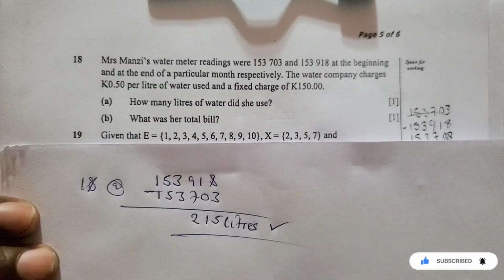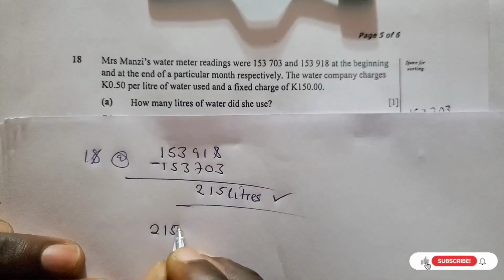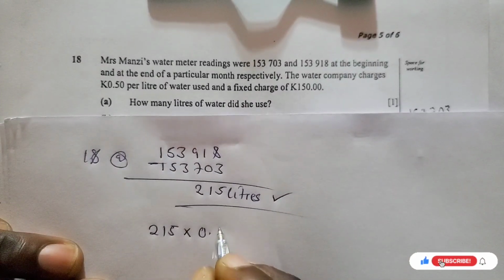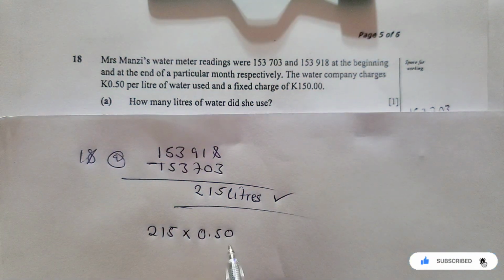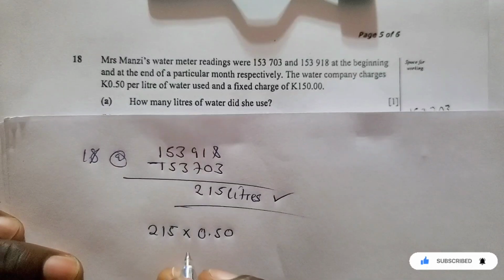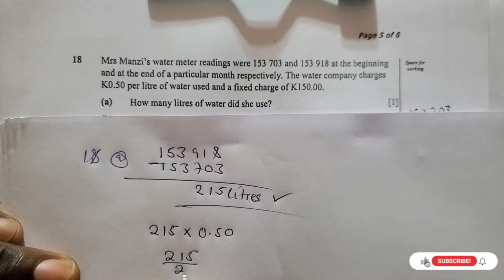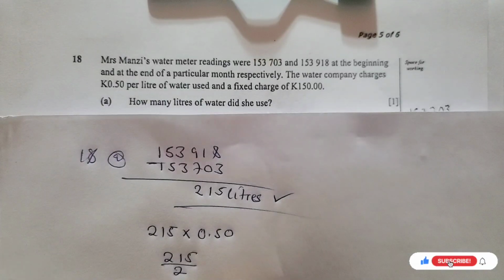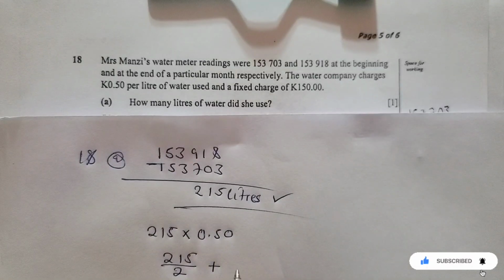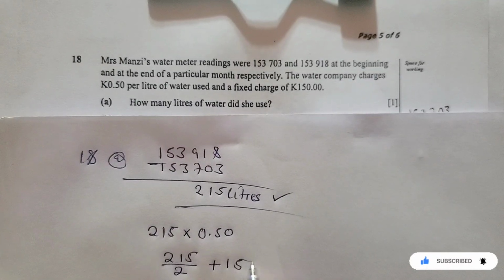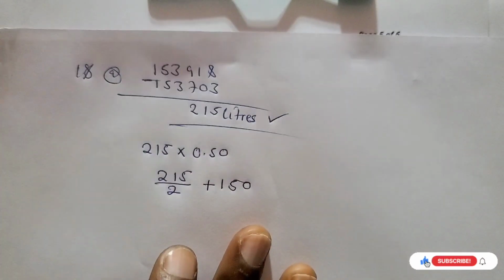So we're going to say 215 multiplied by 0.50. 0.5 is the same as half. So in other words, 215 divided by 2, then we're going to add the fixed charge, which is 150.